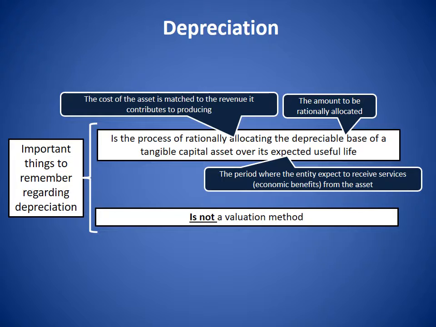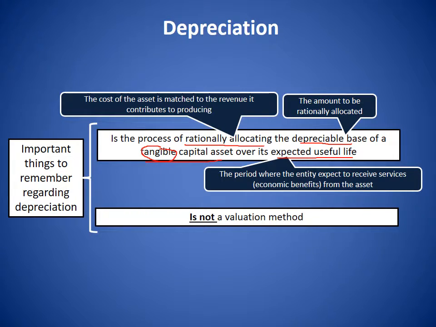Now, the formal definition of depreciation: it's the process of rationally allocating the depreciable base of a tangible capital asset over its expected useful life. Notice I use the word tangible capital asset.